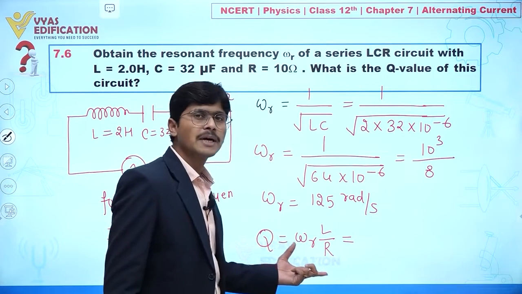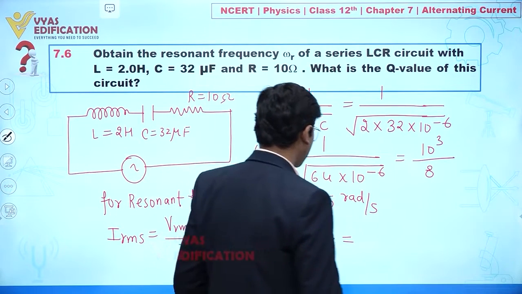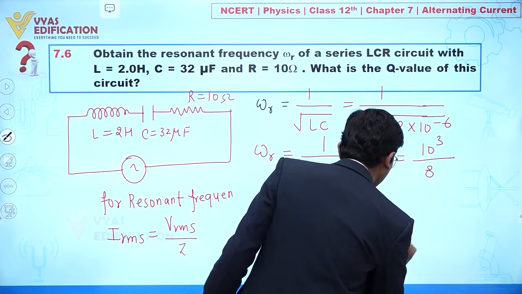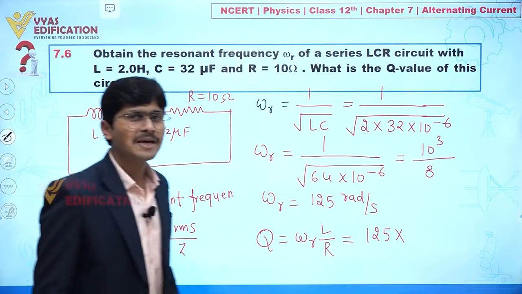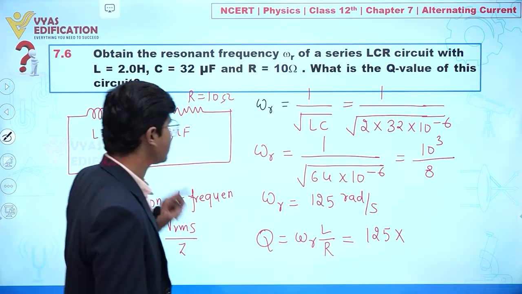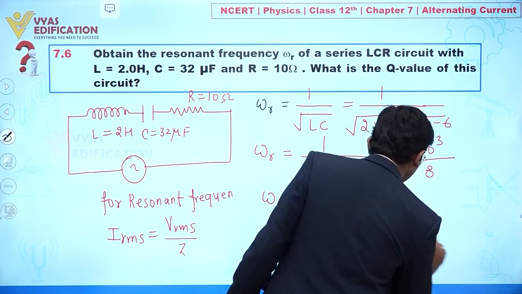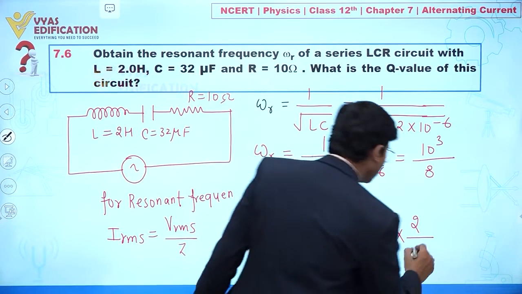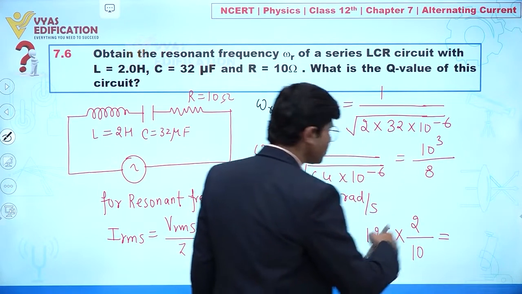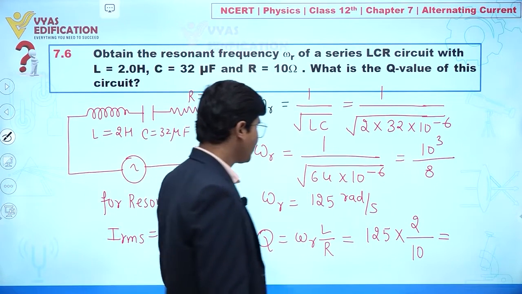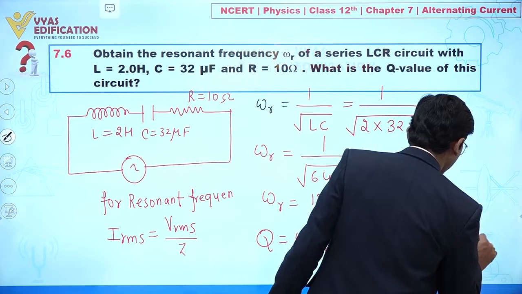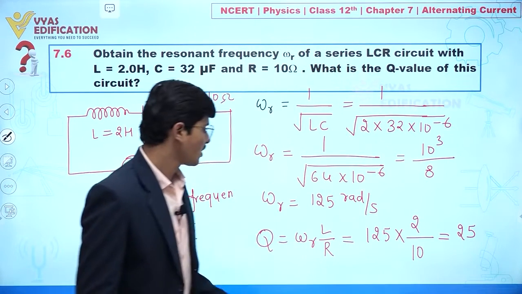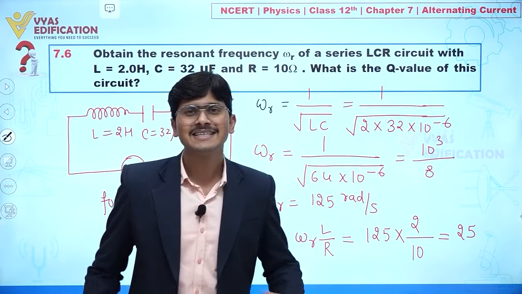So Q is given by omega R L by R. Omega R we have, this is 125 multiplied by L. L is given to you, this is equal to 2 Henry, and divided by the value of R. The R value we are getting is 10. Clear? So we can say this is 250 divided by 10, which is equal to 25. Clear? Yes or no? So we are getting this Q value.